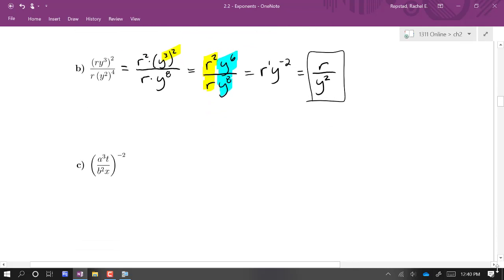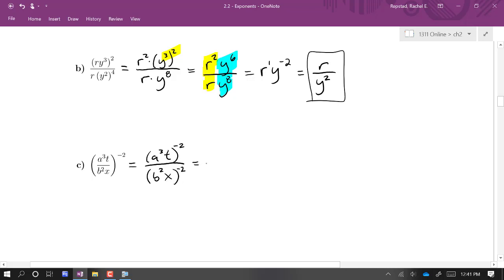All right, let's try another one. We have a fraction raised to a power, so I'm going to start by distributing that exponent over the fraction. So I've got a cubed t raised to the negative 2 up top, divided by, on the bottom, b squared x to the negative 2.